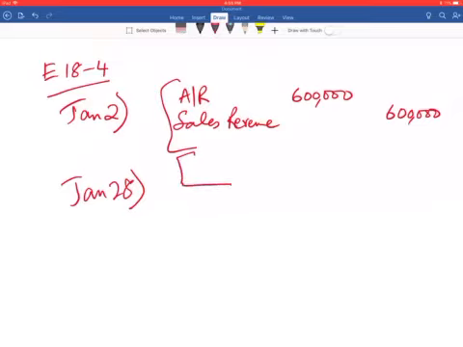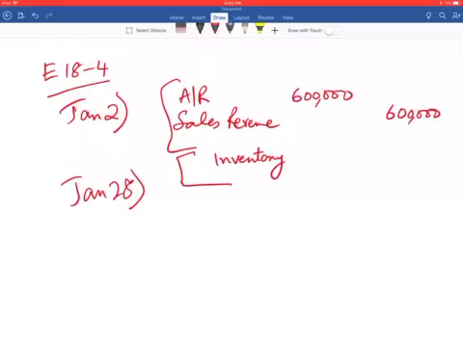Then, and you may have forgotten this, every time we do a sales entry, we always have to do the related cost of goods sold entry, made up of the inventory account and cost of goods sold.